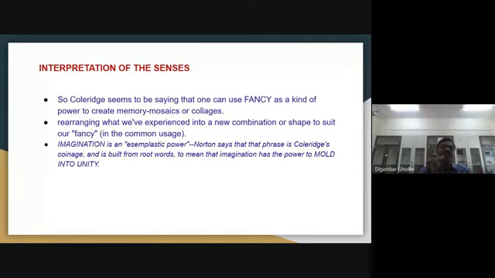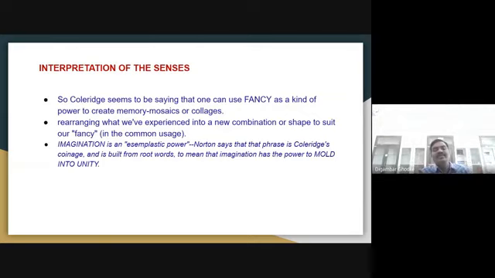Now, Norton, you know Norton's Anthology of Literary Criticism. He is the one who has combined all the essays together. I have given many essays from this book itself. The PDF version that you come across are from Norton's anthology. So Norton says that the phrase esemplastic power is Coleridge's own coinage.